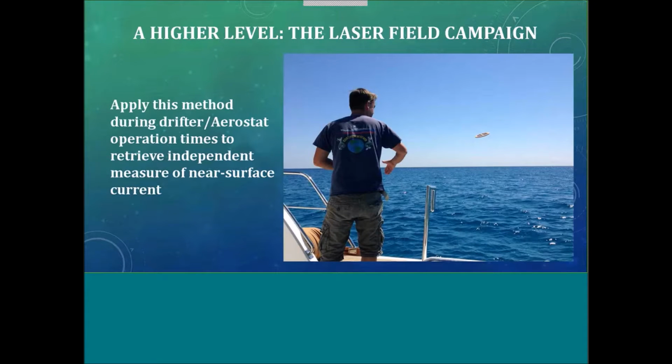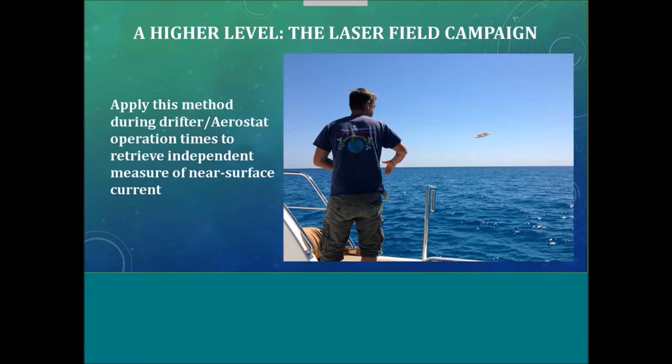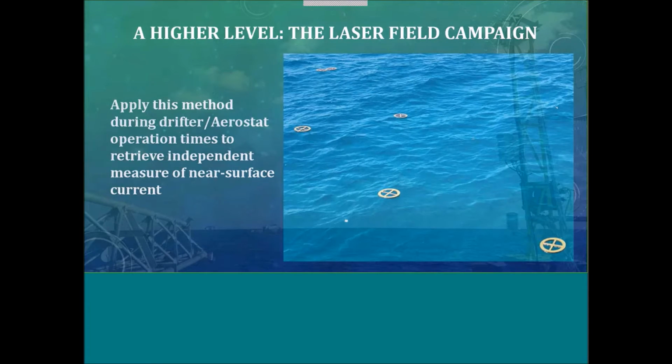So now we're taking a lot of this technology we've been working on. We took it out in January and February this year to go back into the Gulf and make these measurements. Instead of 300 drifters, we released over 1,000 satellite-tracked drifters, plus a lot of these other drifter objects.